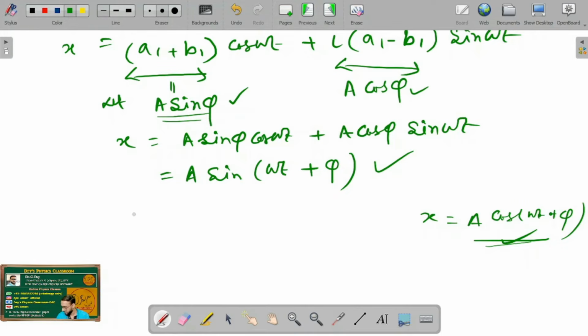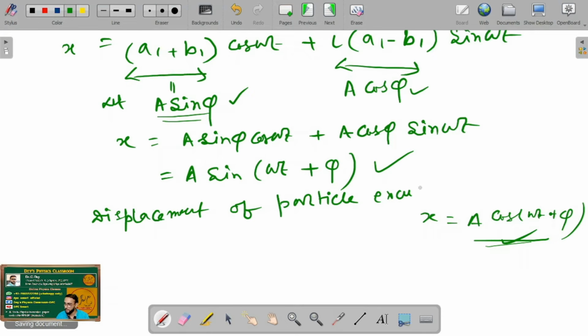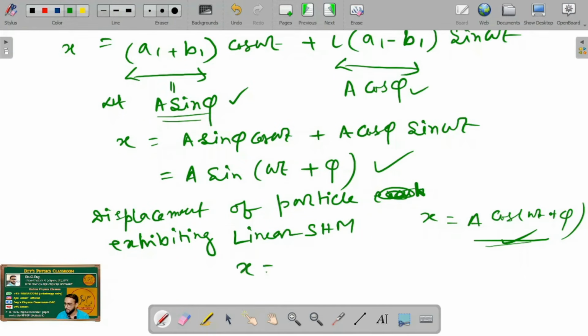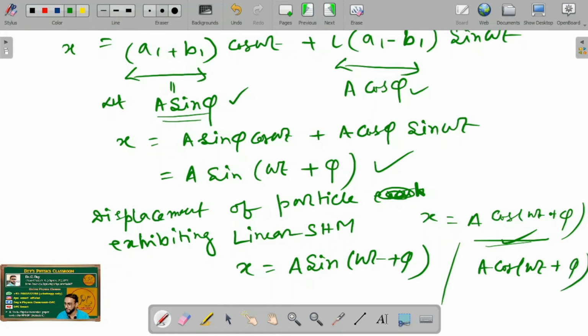So finally we get the displacement of a particle exhibiting linear simple harmonic motion as x equals a sin of omega t plus phi, or a cos of omega t plus phi.